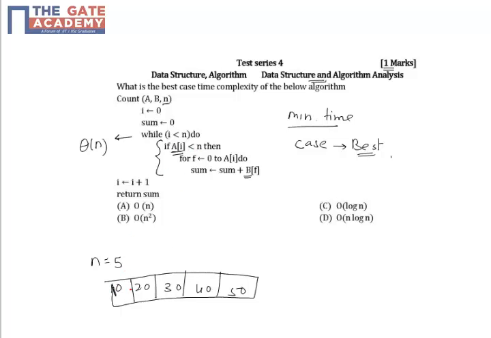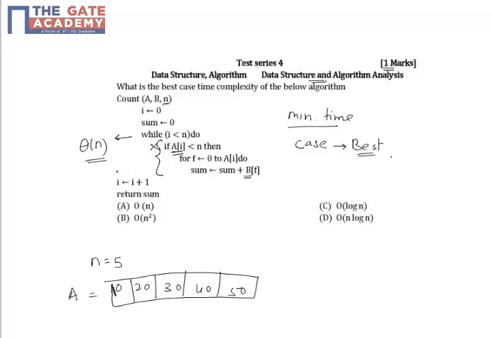That is incorrect. Similarly, for all other elements, this condition will not be satisfied. So for this array, my control will not go inside the loop.